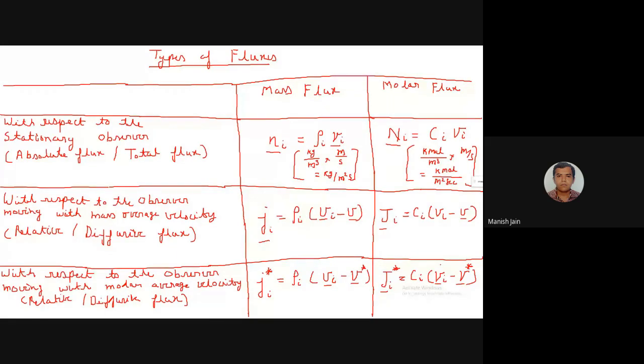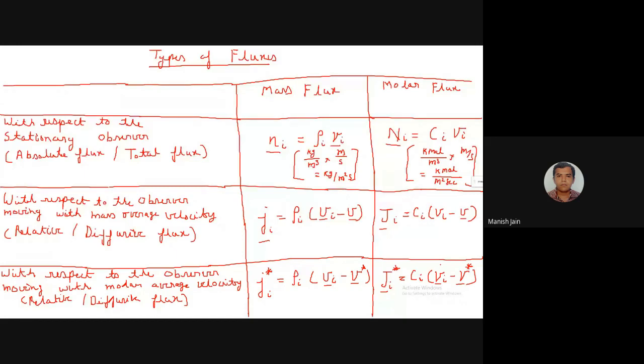And relative means you are calculating the actual diffusion of a given component with respect to the whole moving system, the whole solution or mixture of the components. Diffusive fluxes are important when you are calculating the mass transfer from a moving fluid, and absolute fluxes are important when you are calculating the mass transfer in a stationary fluid.